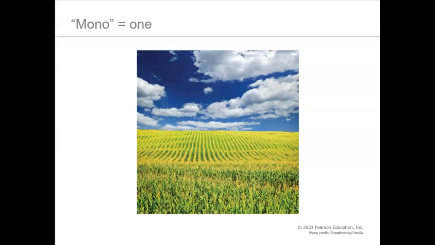So the focus of these farms is to produce really large yields of one specific crop, and to do that, farmers have to use some new agricultural technology like synthetic fertilizers, pesticides, and big machines to increase production of this one crop.